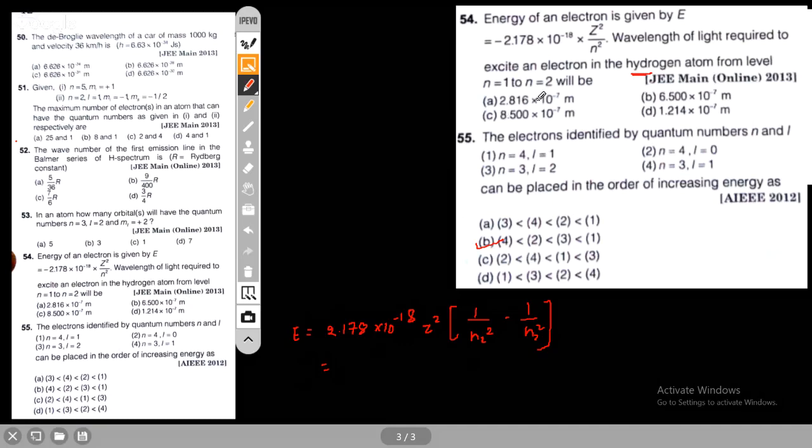Z value is 1, N1, N2 is given, right? N1 is 1, N2 is 2. You substitute this value, you will get energy, and that will be equal to hc by lambda, right? So this lambda we have to find out. h and c values are also given. So lambda you will get around 1.214 into 10 to the power minus 7 meter. Unit will be this. So option D is correct. Again, this is just a calculation, right?